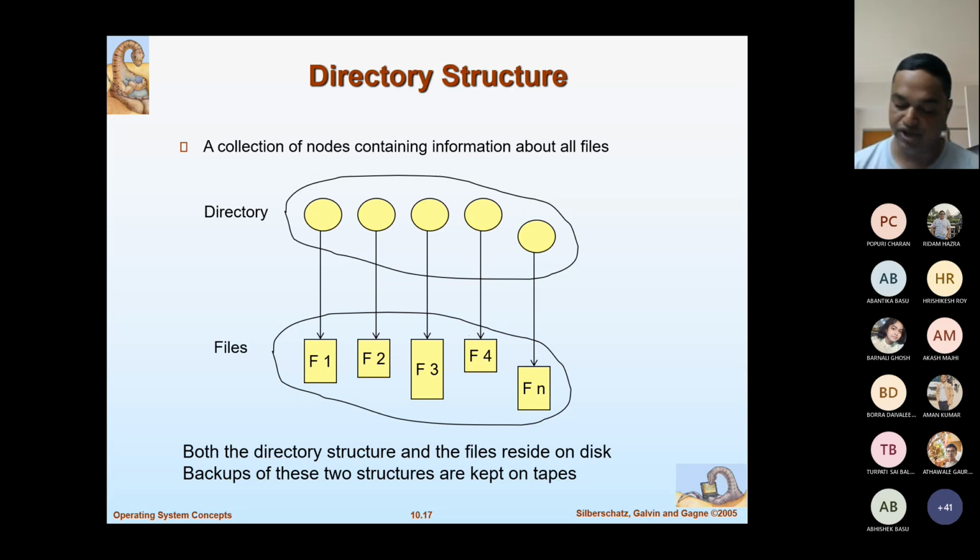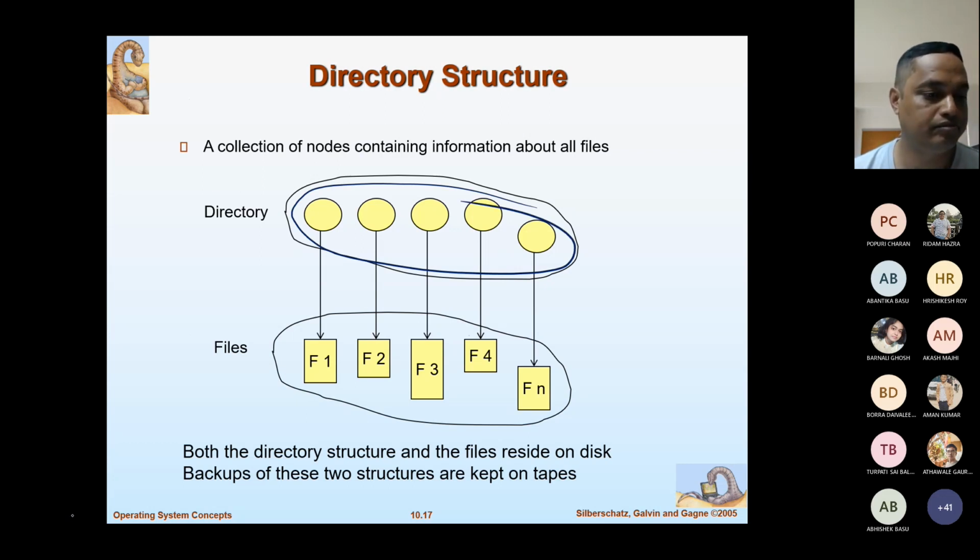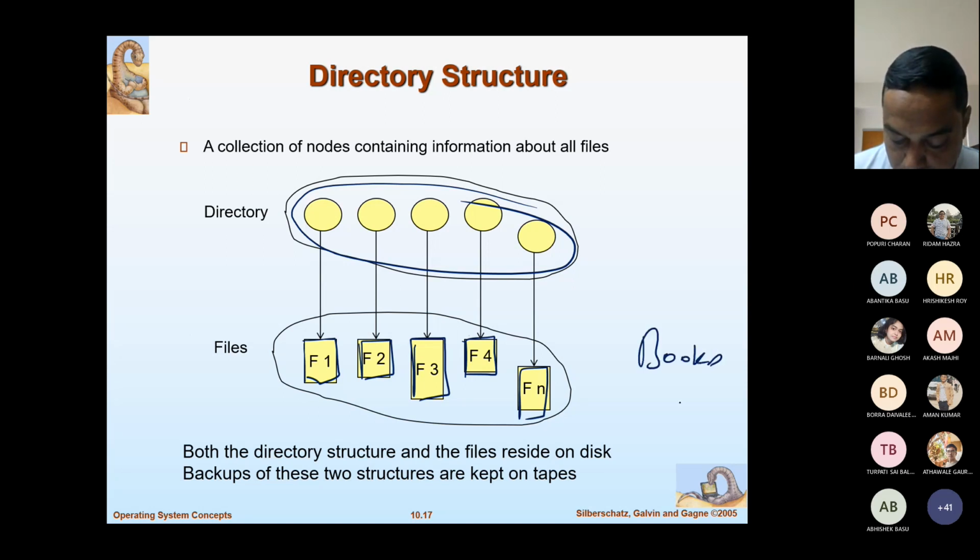In the same way, you have a directory. Within the directory, you have different files, F1, F2, F3, F4. You can consider these as the books or the copies you have.